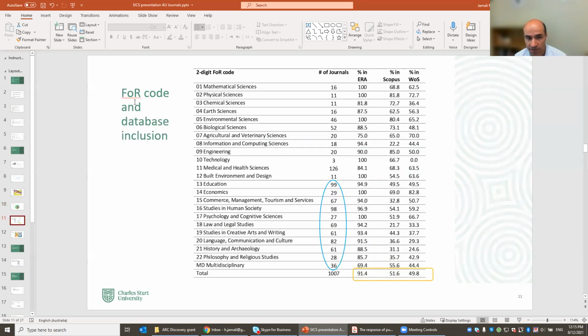In terms of the FOR code of the journals, journals had FOR codes in the ERA list. Those that didn't have one, we assigned a FOR code based on the topic area and the scope of the journal. You can see that a large number of the journals have codes from 13 to 22, which you can consider as arts, humanities, and social sciences.